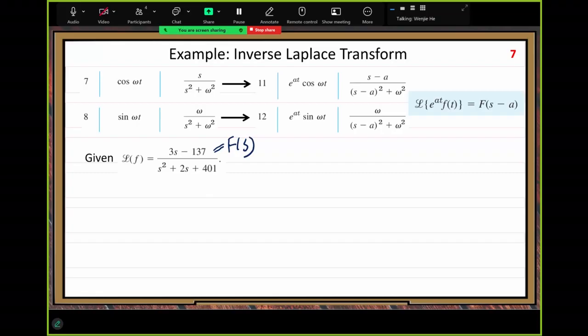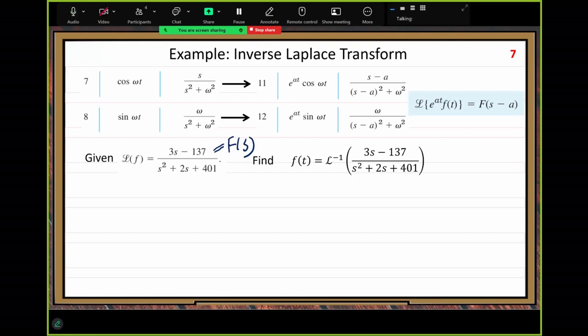Then you need to find little f. You need to find the inverse Laplace transform of that whole fraction. It looks pretty complicated, that fraction. Here we need to use these two formulas.